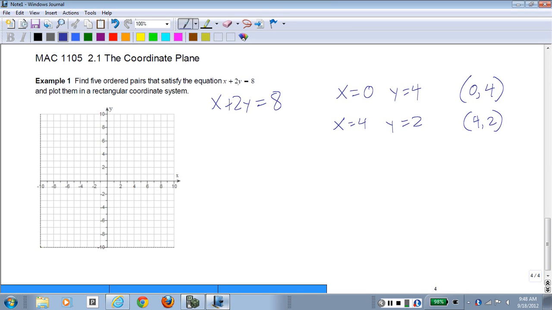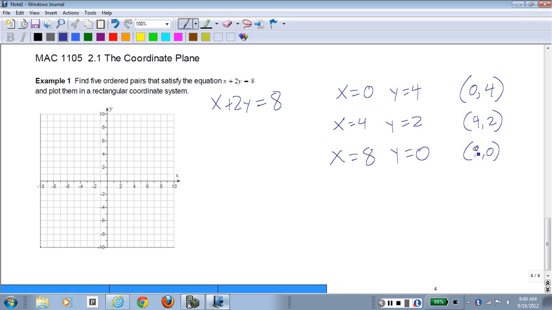Two or three more. (8, 0). 8 plus 2 times 0, 8 plus 0 equals 8. So (0, 4) and (8, 0) are kind of the nice ones where one of the coordinates is 0. It makes the other coordinate easy to find.